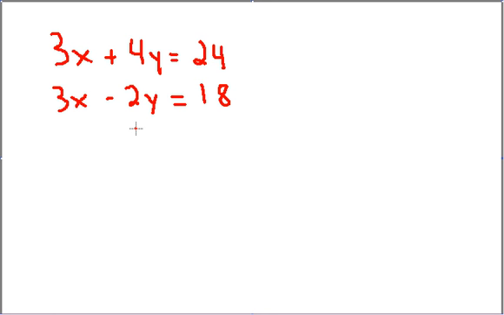Adding won't do it. What about subtracting? Well, here you see you have a positive 3x up here in the first equation and a positive 3x in the second. Well, if we subtracted these two, then we would have our x's cancel out. So that's what we're going to do here. We're going to subtract this second equation from the first equation.